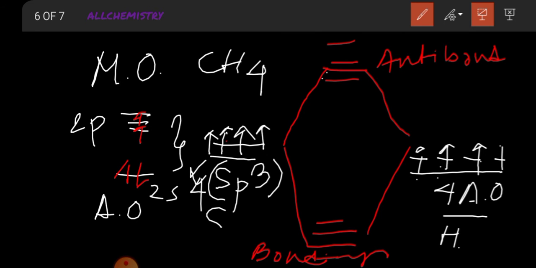Now 8 electrons, so 1 2 3 4 5 6 7 8. That is the representation. This is the C-H sigma bond.